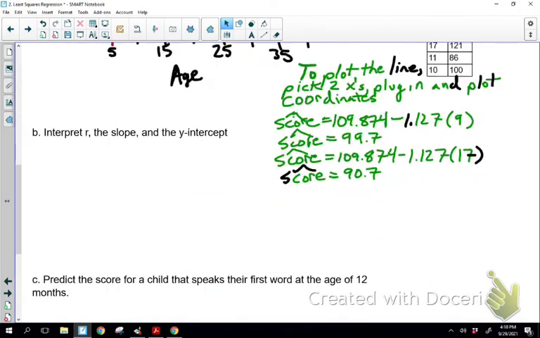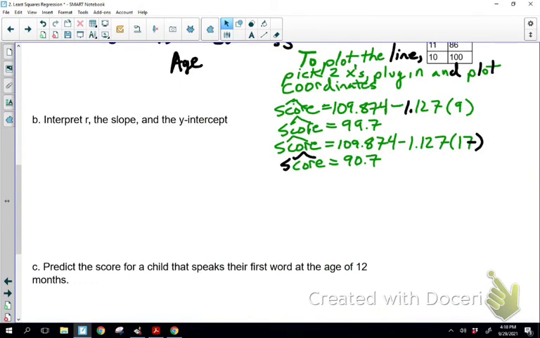So down here it asks you to interpret R, slope, and y-intercept, and let's actually start with R. That'll be review. I got an R of negative 0.6403. So make sure you use context when you do it.